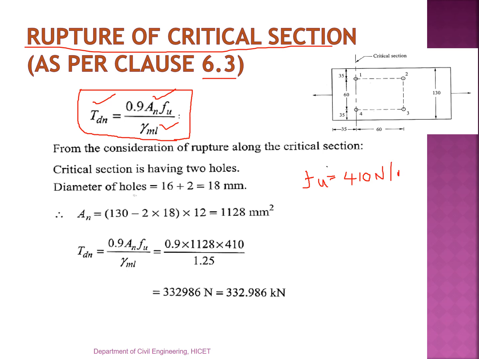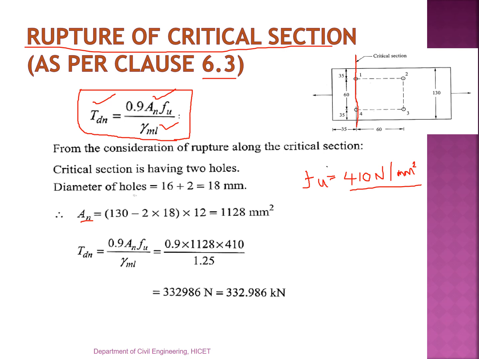So as per our question, the Fu value is equal to 410 Newton per mm square as per table 1 of IS 800-2007. You can refer to this value from table number 1 of IS 800-2007.